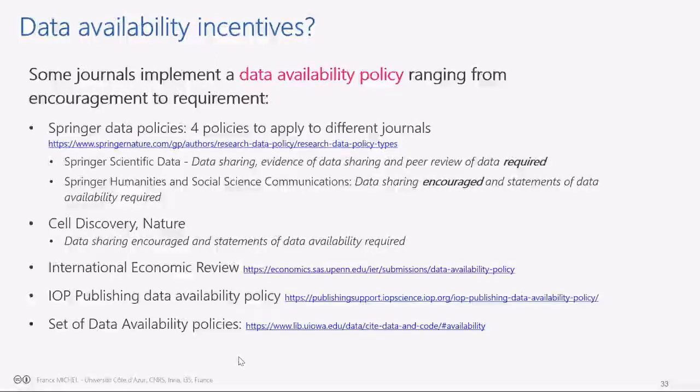The other one, in the humanities, data sharing is encouraged and statement of data availability required. The next one, Cell Discovery, is a journal from Nature. They have reused this last policy from Springer, and the 3 others I have found here and there in different domains. So you see that most of the journals now tend to have a policy about data availability.